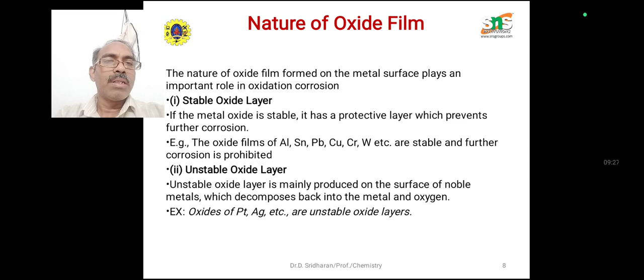This happens with metals like aluminum, tin, lead, copper, chromium, and tungsten, where further corrosion is prohibited. Whereas an unstable oxide layer is mainly produced on the surface of noble metals like gold, platinum, and silver. Once the oxide film forms, we can easily remove it from the surface.